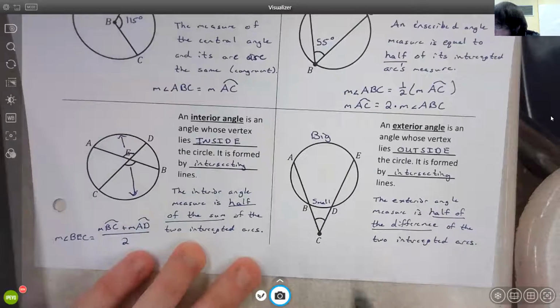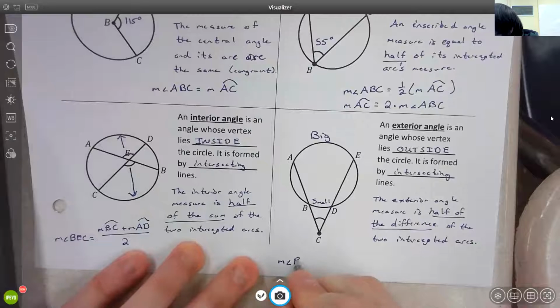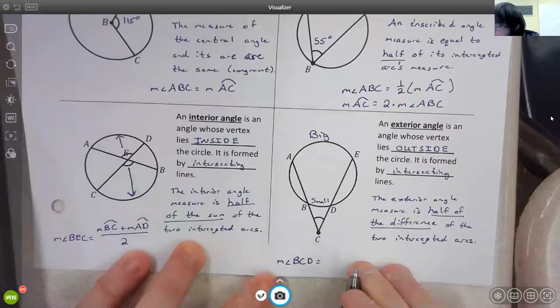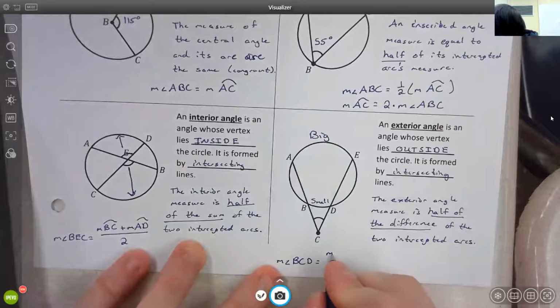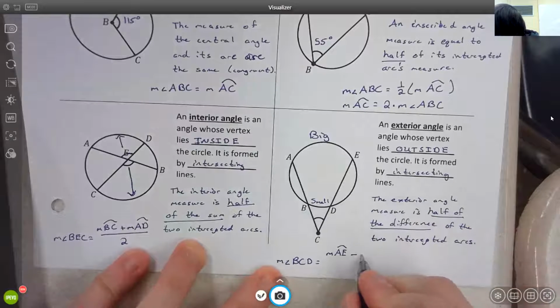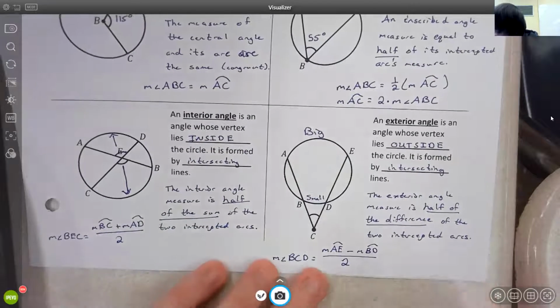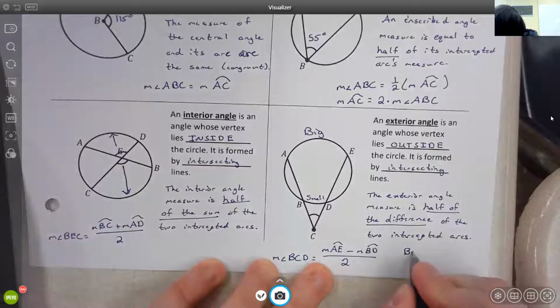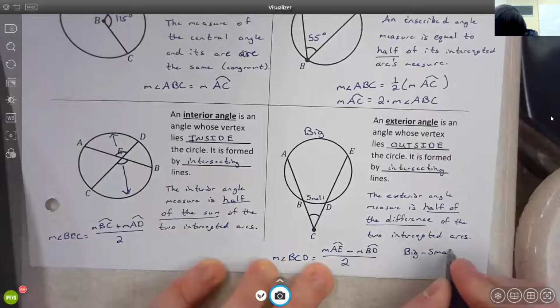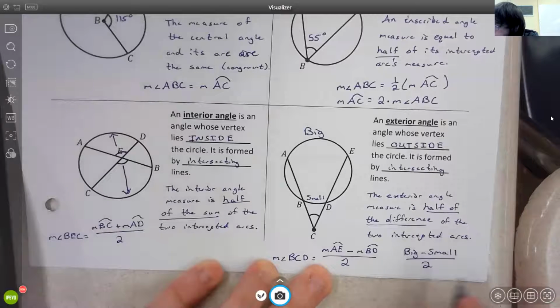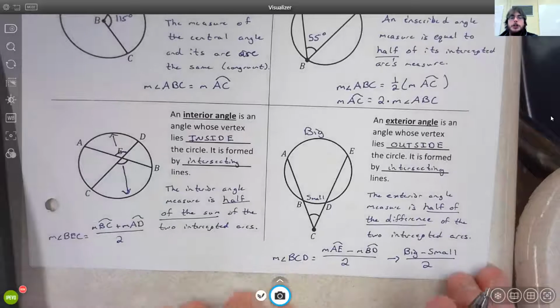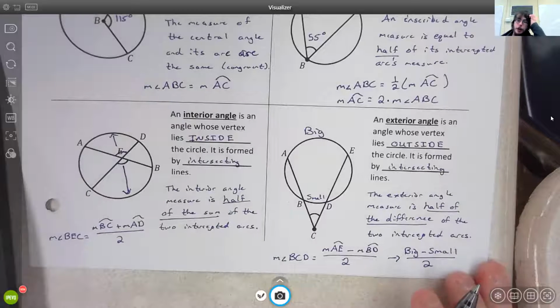So writing this out symbolically, we could say the measure of angle BCD is equal to the big arc, which is AE, minus the small arc, which is BD, divided by 2. And if it helps you remember, big minus small over 2. Okay, so the big arc minus the small arc divided by 2.